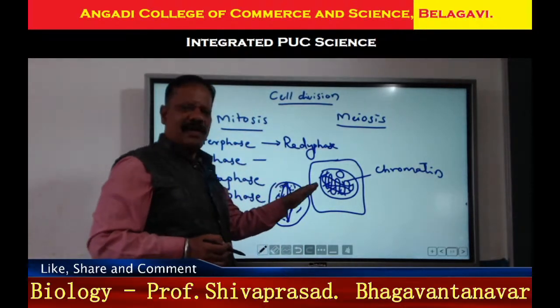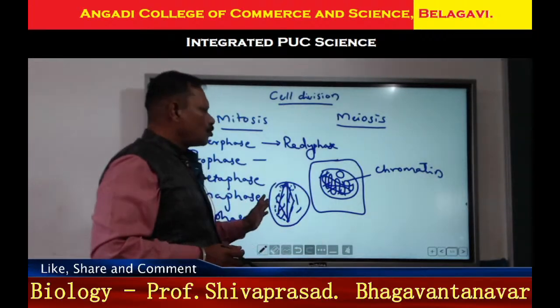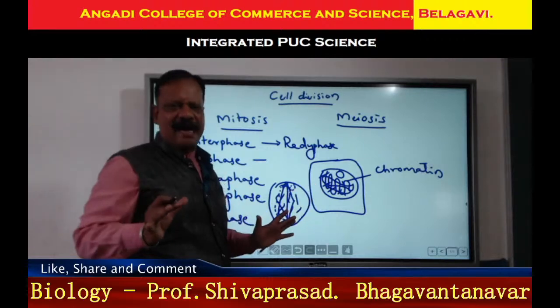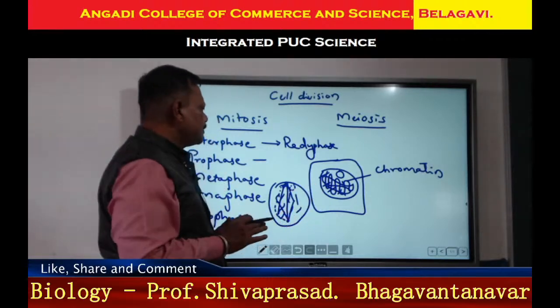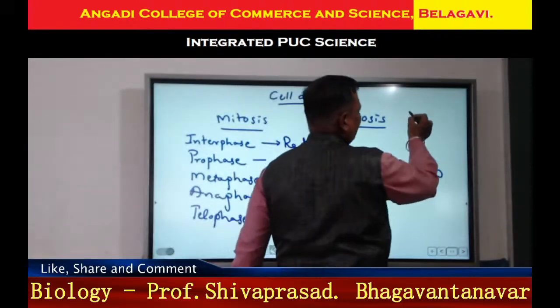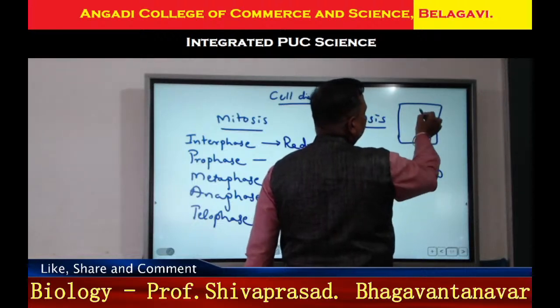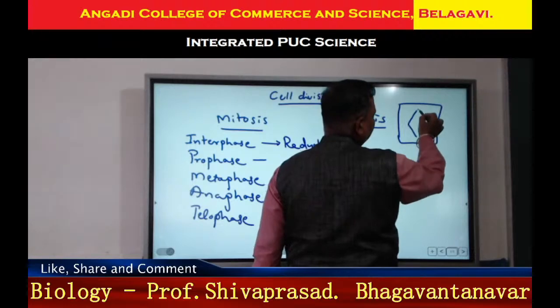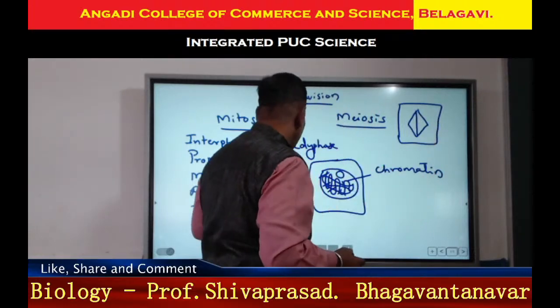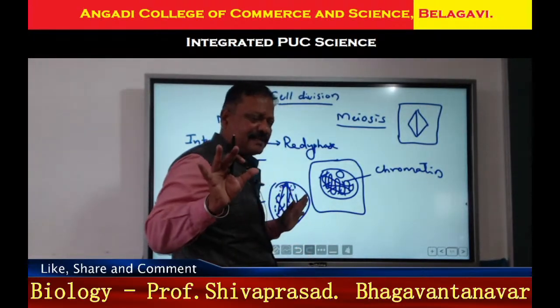And nuclear envelope disappears, nucleolus disappears. Those chromosomes are scattered here and there in the cell. And then this is regarding prophase. In case of metaphase, what is happening? Just see, these are centrioles forming spindle fiber, and whatever chromosomes in case of prophase, they are scattered here and there.